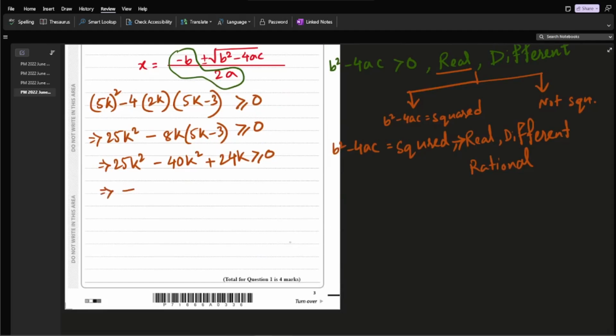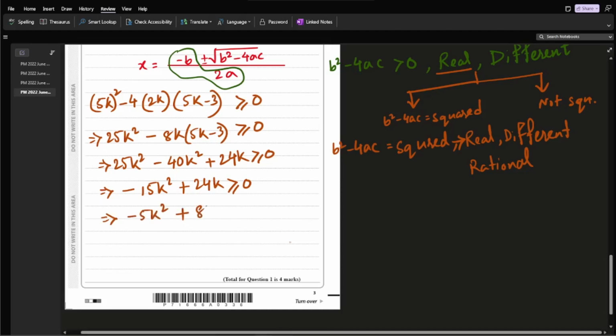This is minus 15k squared plus 24k greater than or equal to 0. If we divide by 3, we get minus 5k squared plus 8k greater than or equal to 0.